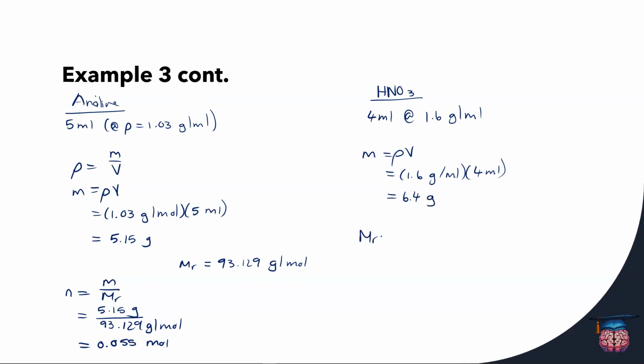The molar mass of the fuming nitric acid is calculated to be 63.013 grams per mole.